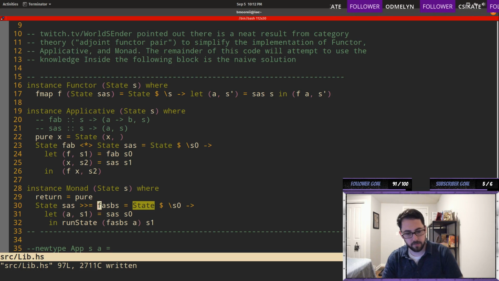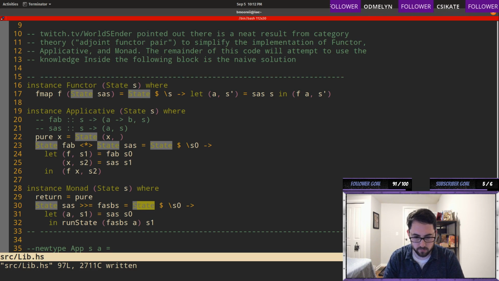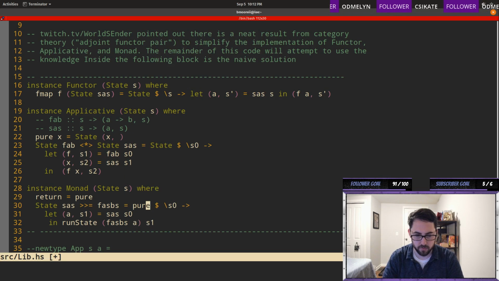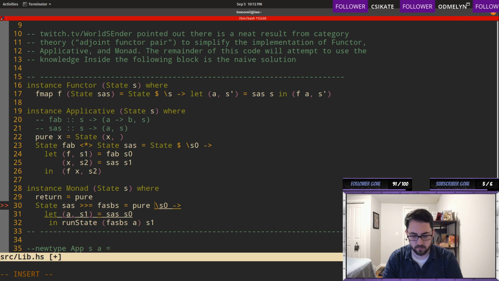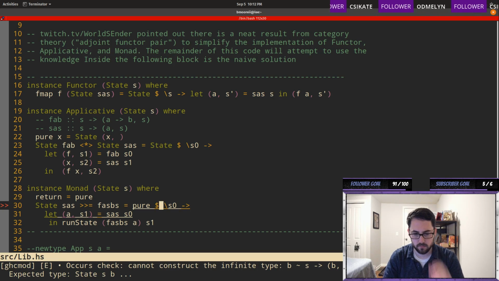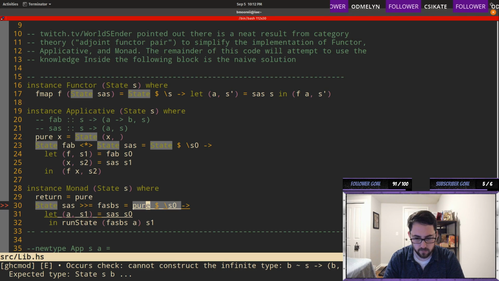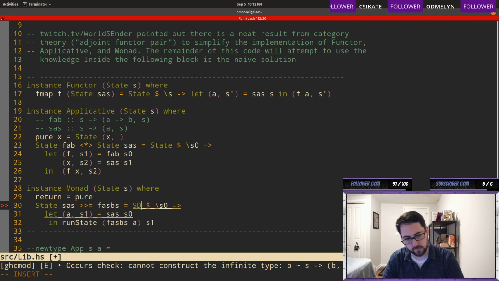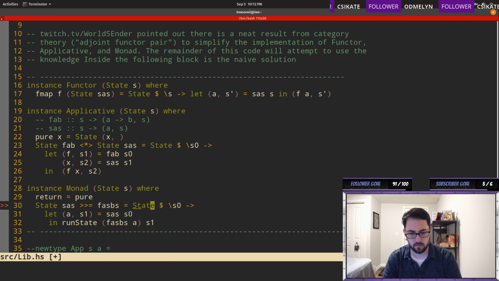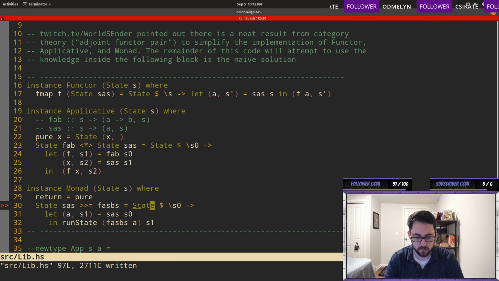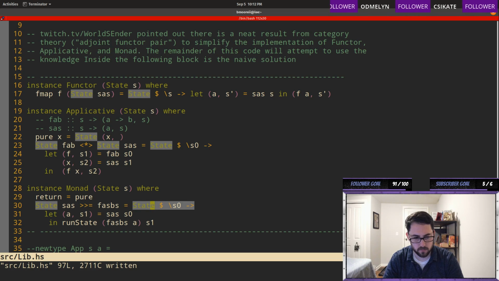So one thing I've never thought about doing, which is perfectly reasonable, is just writing pure here. Shouldn't that just get us a state? Why can't I do this? Why do I need state there? Shouldn't I just realize that I want state?